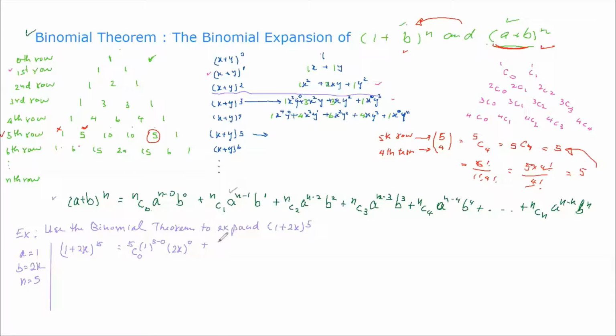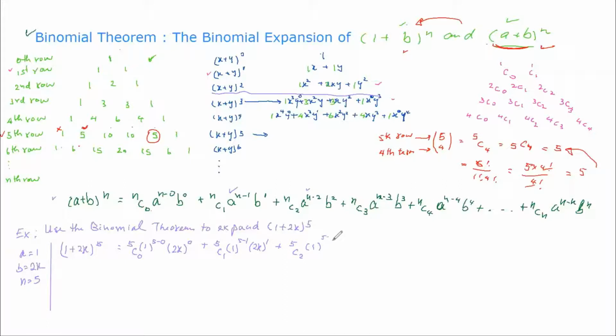Second term becomes 5C1, 1 power 5 minus 1, and then this one 2x power 1. Third term, go to the next one: 5C2, 1 power 5 minus 2.